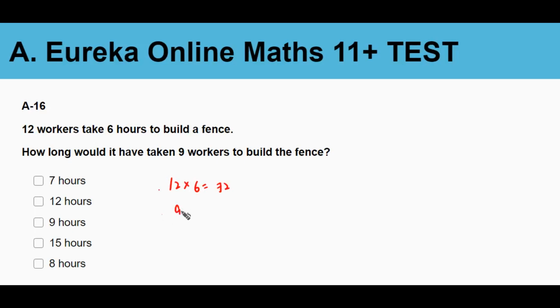But now the workers have been reduced to 9, so 9 times X hours to build a fence. But this has to be the same as 72 hours. Now what's the X value? That's right, 8 hours.